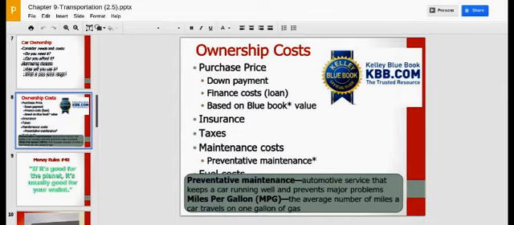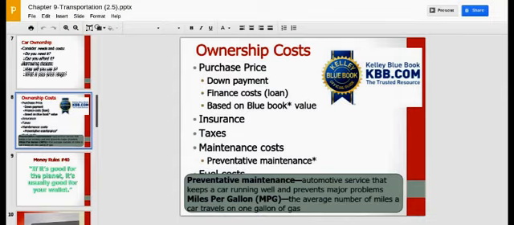You're also going to have taxes as part of the ownership cost of a car. There is sales tax on new and used cars, so you have to include that as well. And there are other ownership costs involved. You also have your maintenance cost.